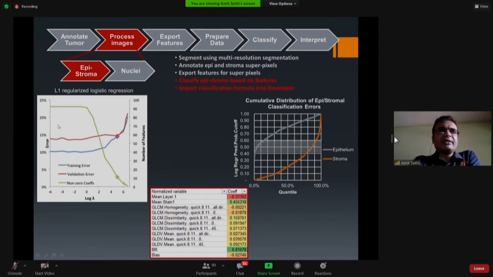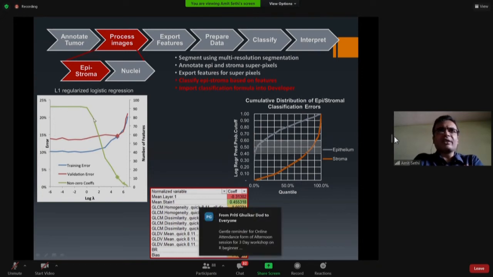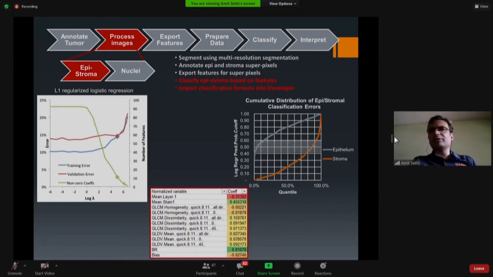We fitted a logistic regression model where we tightened the penalty slowly in steps. I will show you how that is done in R. If we make it too tight, then a lot of the features' coefficients become zero. When their coefficients become zero, they fall out of the model and they are not useful at all after that. And we did that until our validation error started to increase.